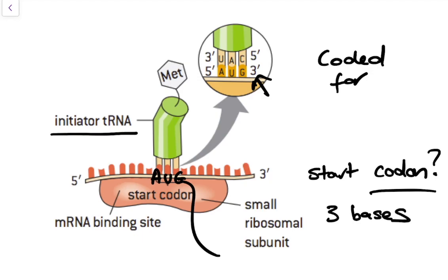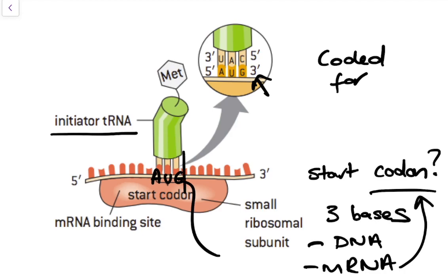And we can talk about codons being on the DNA, the initial DNA, or here we're going to be talking about mRNA codons. So we're talking about 3 bases. So we could divide it up into 3 base sections, which gives the information for an amino acid.